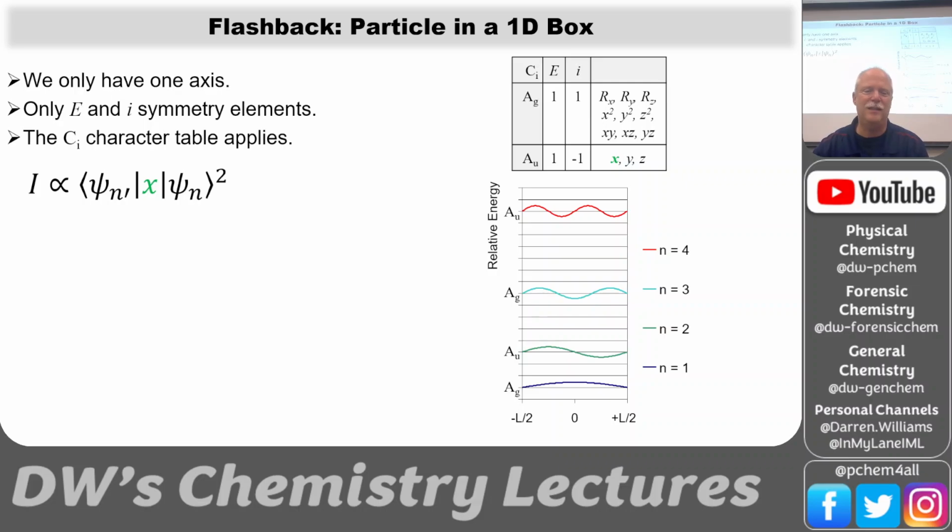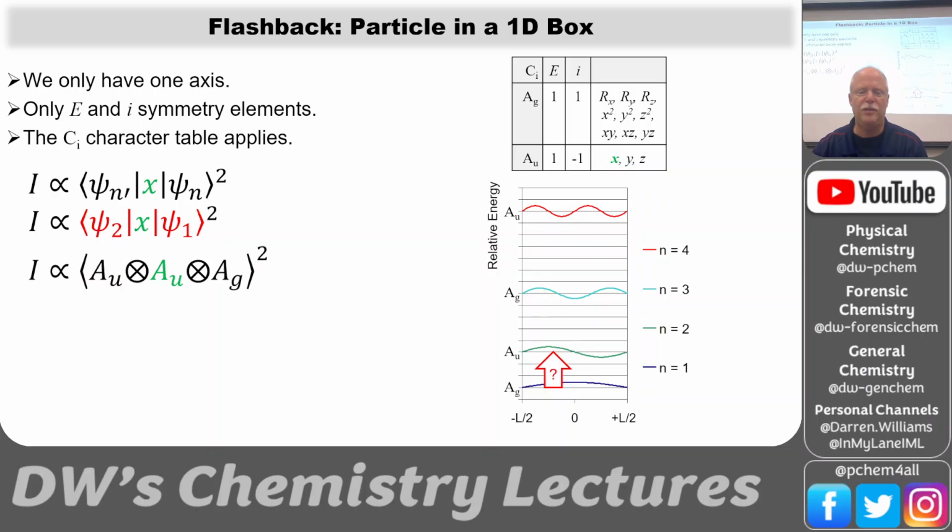So we're going to put x in the middle. And so we're looking to see if that's an allowed transition, the 1 to 2 transition. So we can put the symmetries in there. The symmetry of level 1 is Ag, the symmetry of level 2 is Au, and light is Au. So light coming in polarized along the x-axis is going to have Au symmetry.